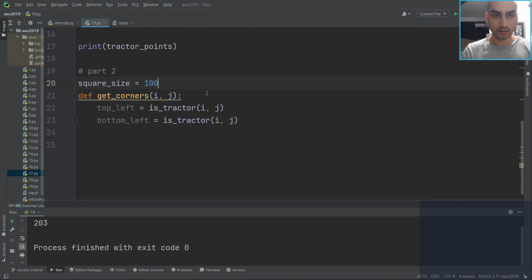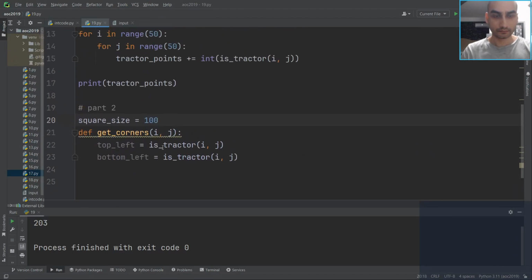Okay. So bottom left will be i plus 100. Oh, plus square size. Just be completely explicit here.